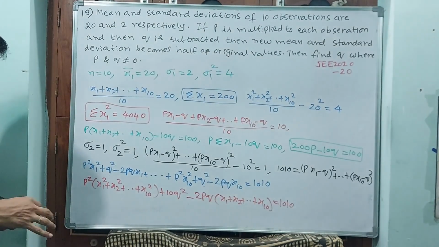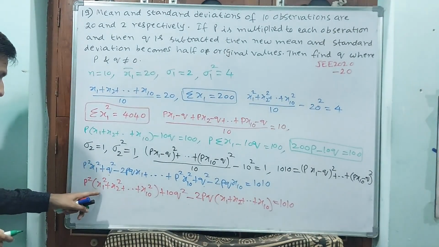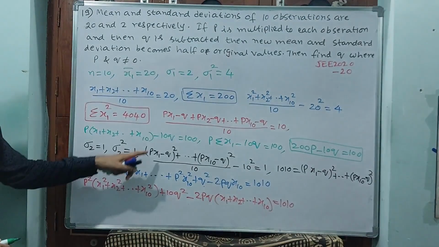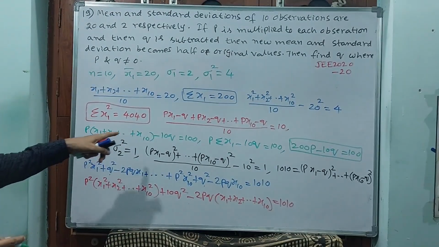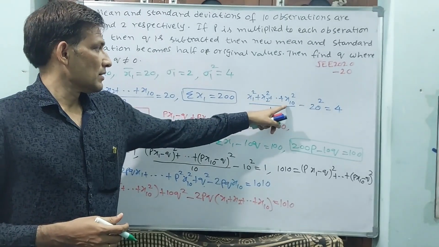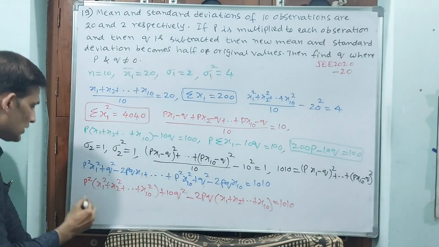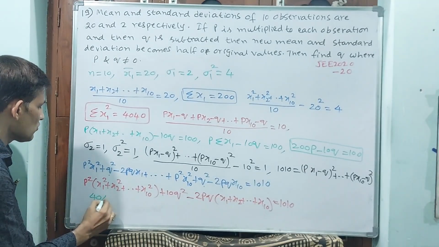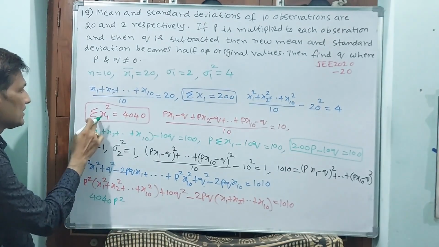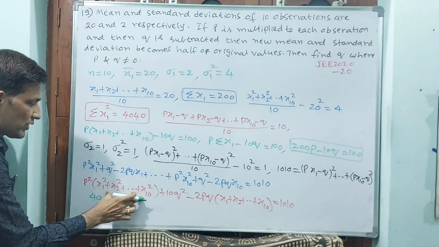Okay, now this is x1 up to x10 square, that means 4040. So 4040 p square sigma x1 square, this is sigma x1 square only.